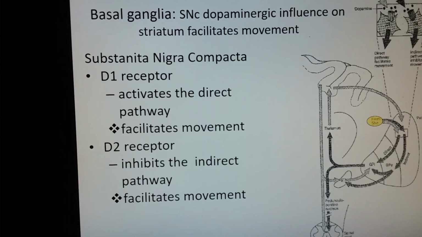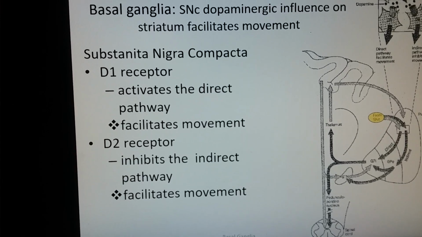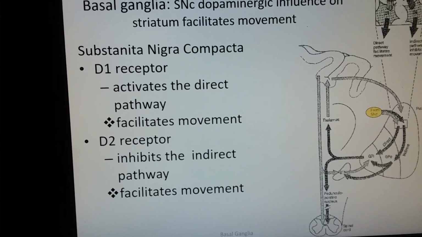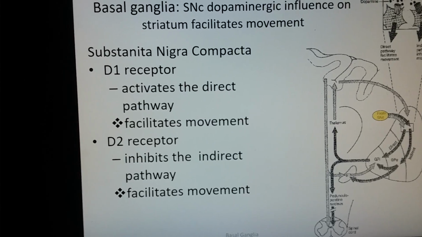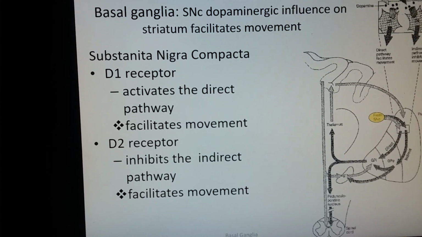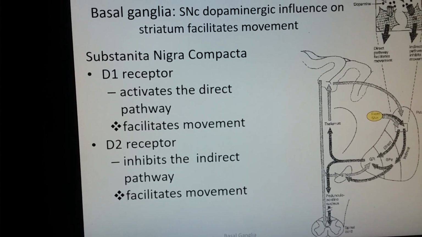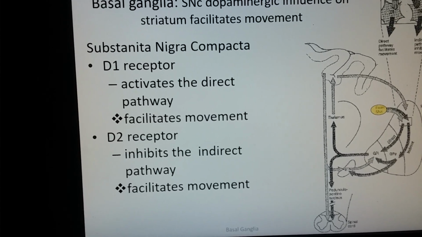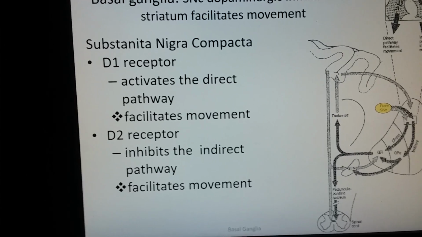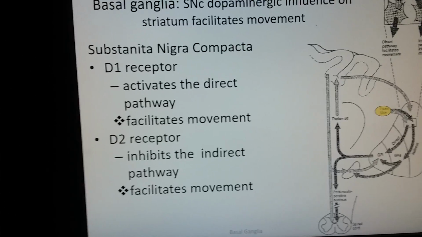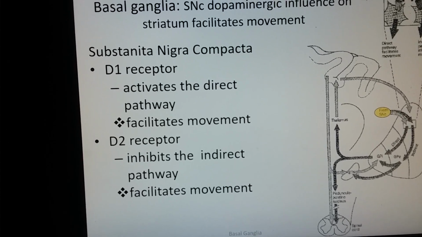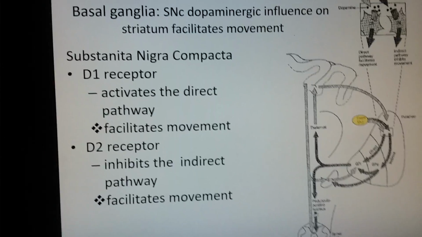The net effect of that is to facilitate movement. So when the dopamine is working properly and you get information into the putamen from the motor cortex, supplemental motor area, the net effect is that you get facilitation of movement.